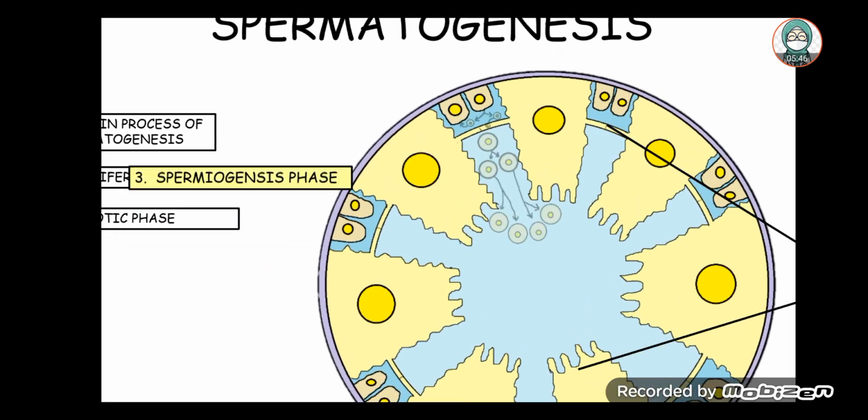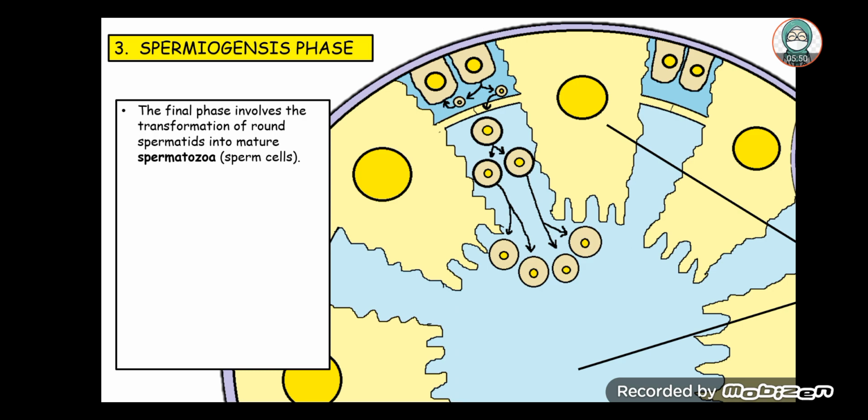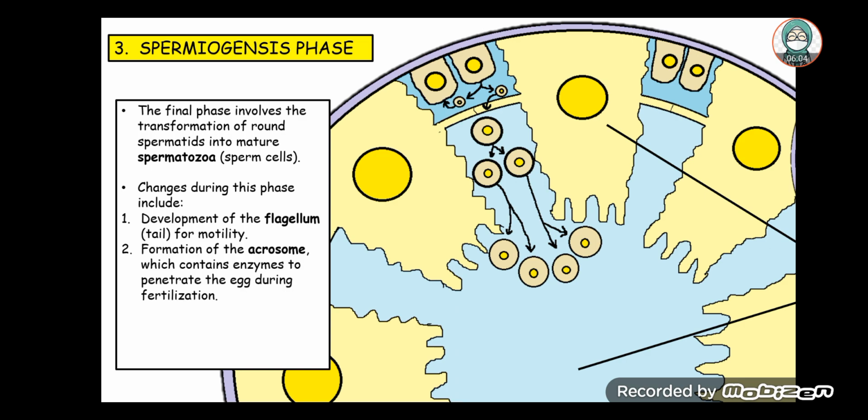So now comes the third phase, the spermiogenesis phase. This final phase involves the transformation of round spermatids into mature spermatozoa, also called sperm cells. Changes that occur during this phase are development of a flagellum for motility, formation of the acrosome, which contains enzymes to penetrate the egg during fertilization, and condensation of nuclear material for a streamlined structure.